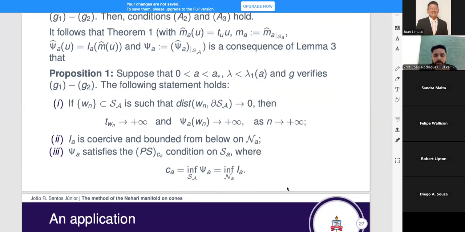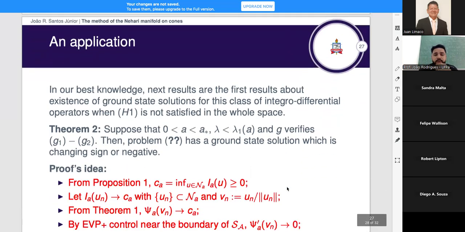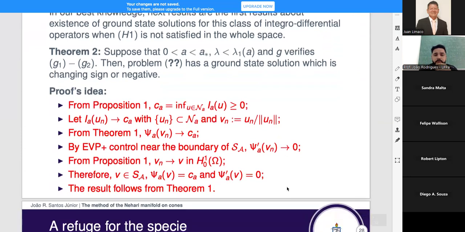Okay, so we can prove our main result regarding this problem: if the parameter A is small enough, the parameter lambda is less than the first eigenvalue associated with the integro-differential operator we are considering here, and the nonlinearity G satisfies the hypotheses G1 and G2, then the problem has a ground state solution, which is a sign-changing solution or a negative solution.